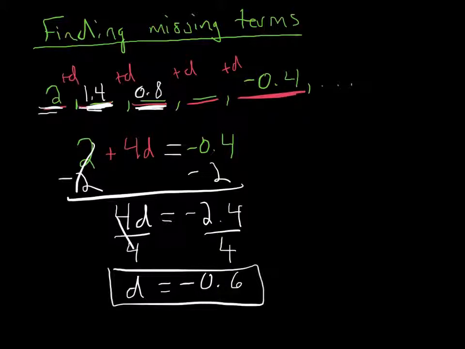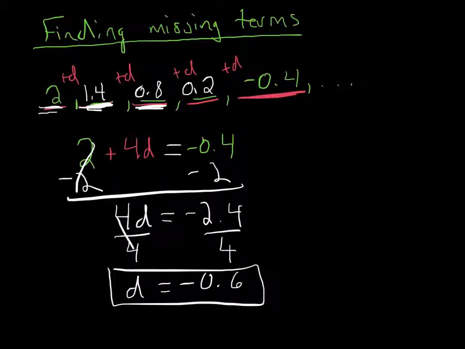And then let's do it again. Add a negative 0.6 to 0.8, and 0.8 plus negative 0.6 is 0.2. And let's check. If we add that negative 0.6 one more time to 0.2, we should arrive at this negative 0.4. So 0.2 minus 0.6, and sure enough, it does equal negative 0.4.